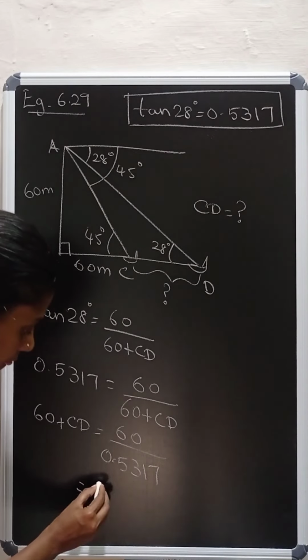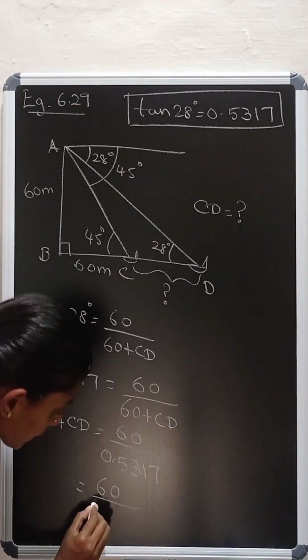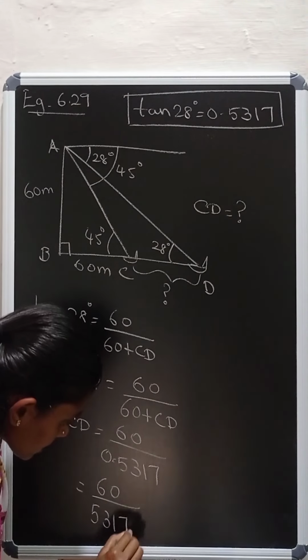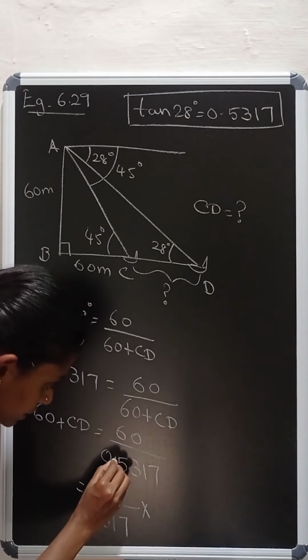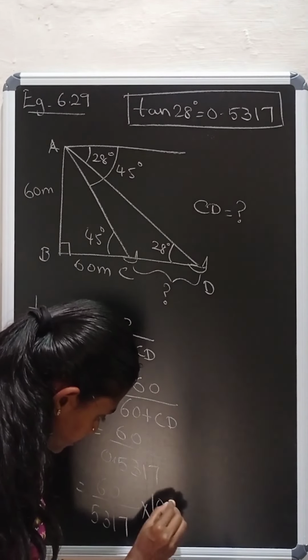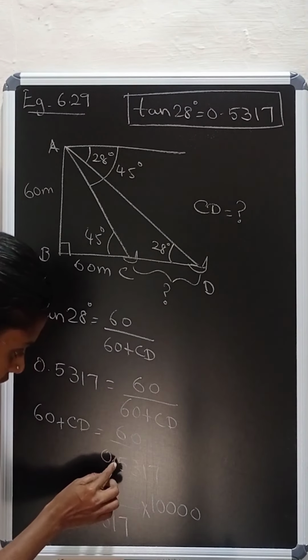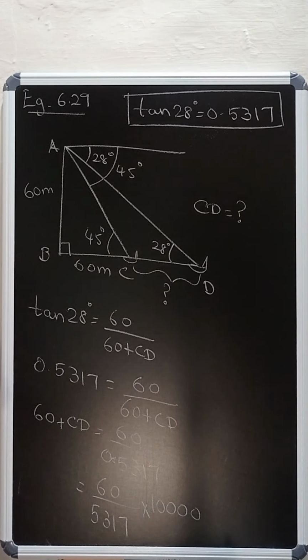So now 60 divided by 5317, to remove the point we multiply by 10000, because after 4 digits you have the point.